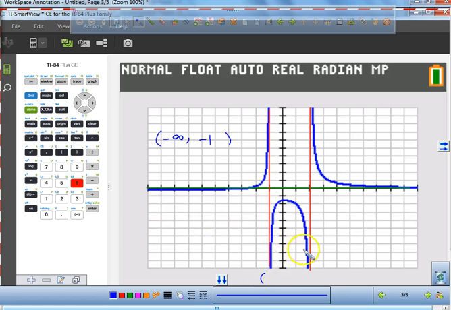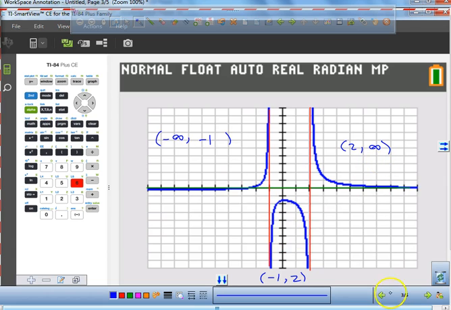Over here. -1 to 2. Good. Now this one over here. 2 to +infinity. So what I want you guys to do when you guys are looking at a graph, break into different sections. This is your first section that's being graphed. This is your second section that's graphed. This is your third section.